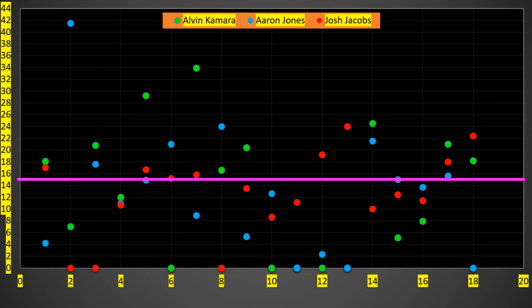Here's the points above the median line in pink, and Kamara's in green, Jones is in blue, and Jacobs is in red. And you can kind of look at the plot. And when you plot numbers, that is the numbers, right?